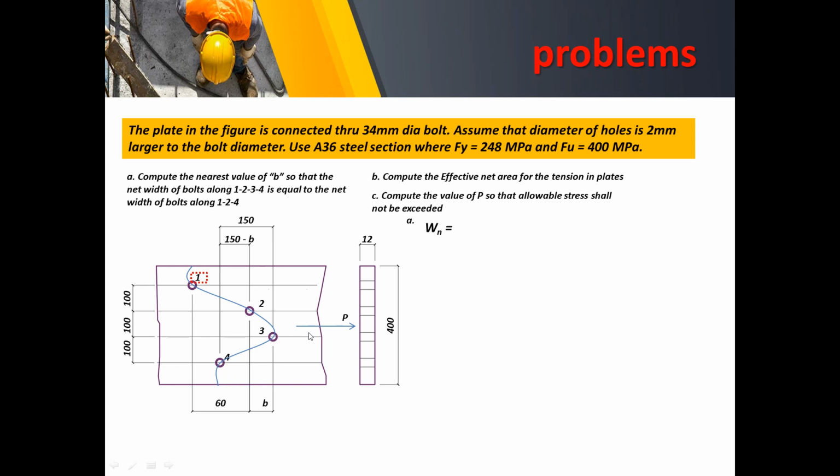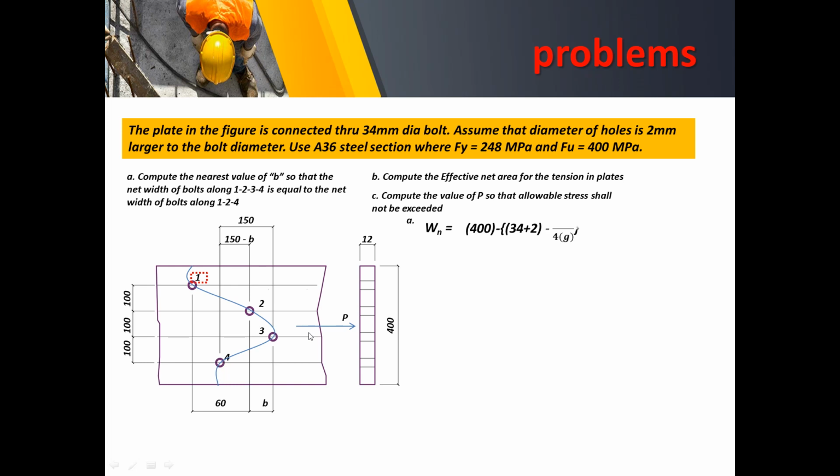So again, we work with the net width, and later on we're going to multiply it by the thickness to make it our net area. So the net width is obviously 400. We place that one, and then this is the diameter. So 34 is the diameter, and our assumption is that the hole is 2 millimeters larger than the bolt diameter.